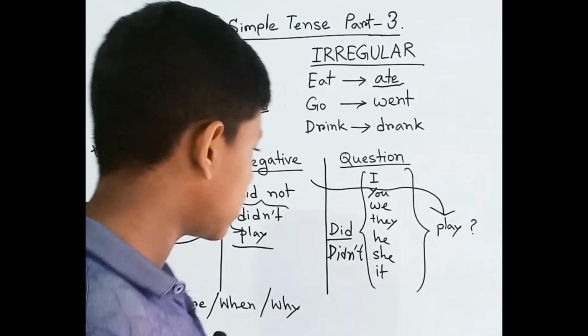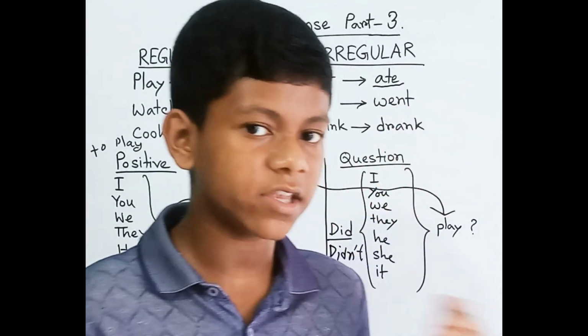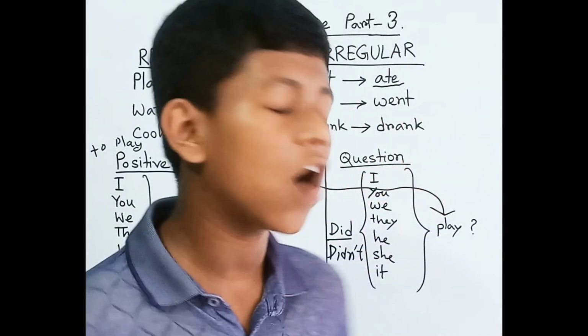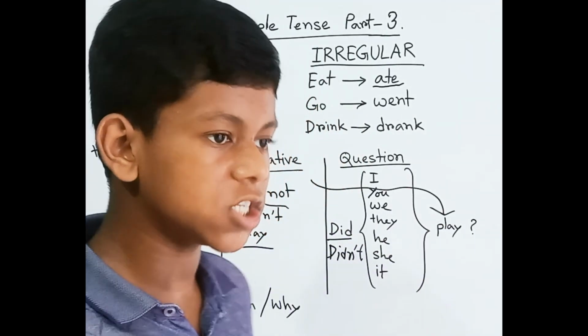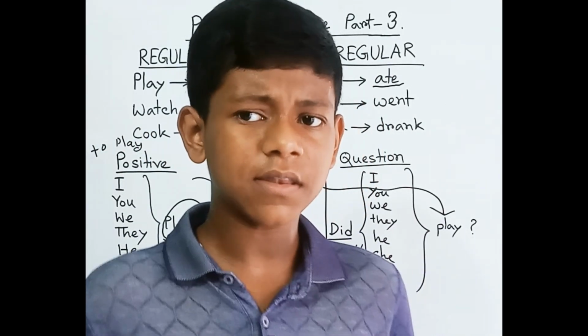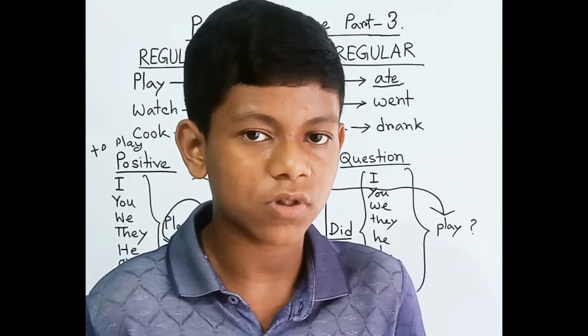But some WH questions you cannot transform into the negative form, that is how. Why? Because how is an exception. If you say how didn't you play, the grammar rule is correct, but it sounds unnatural. Why?